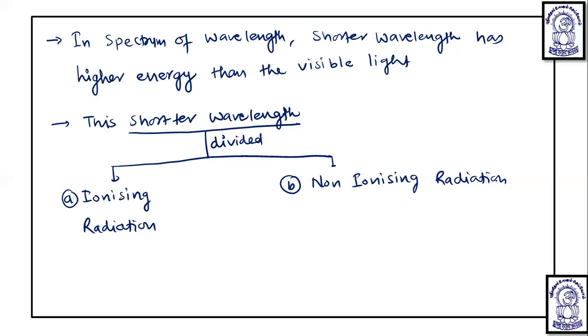When we see the effect of ionizing radiation and non-ionizing radiation, ionizing radiation causes ionization, and it includes X-ray, gamma ray, alpha ray, and beta rays.